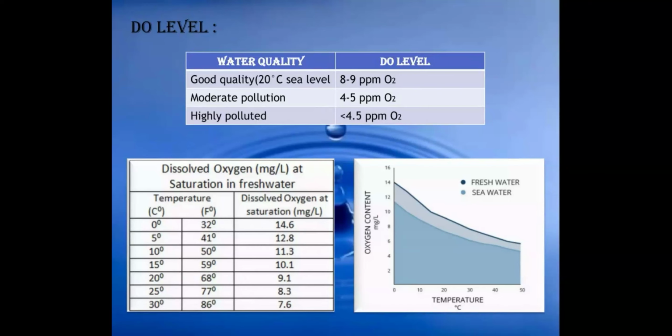I may ask the question: write the water quality with the DO level range. You have to write good quality, moderate pollution, high pollution, and then write the range. So note it in your book.